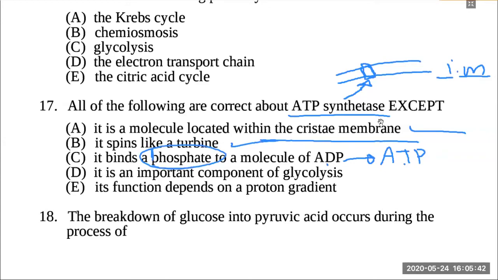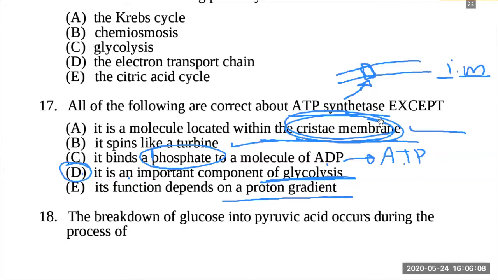It's an important component of glycolysis. Yes, guys, this is the answer for the question. ATP synthase, which is found in the cristae membrane of the mitochondria, will never be a part of the glycolysis process. So the answer for the question is D. Its function depends on the proton gradient.